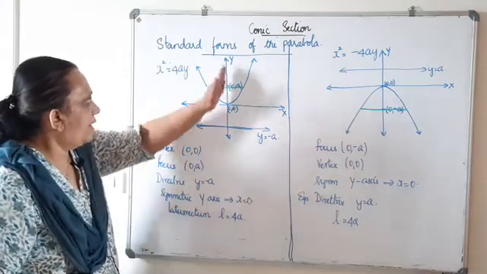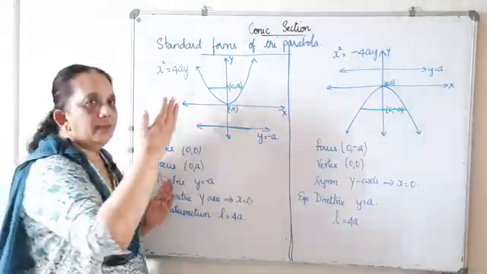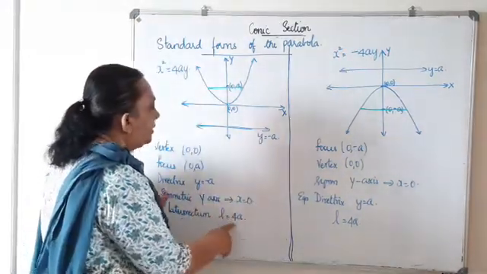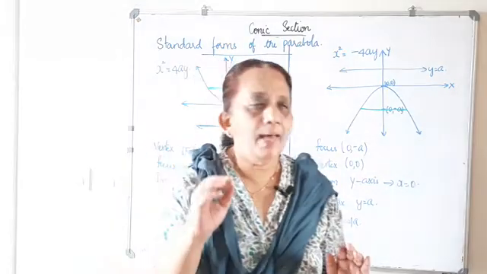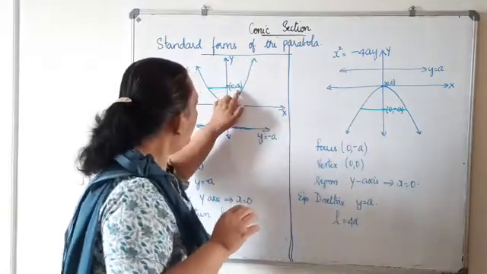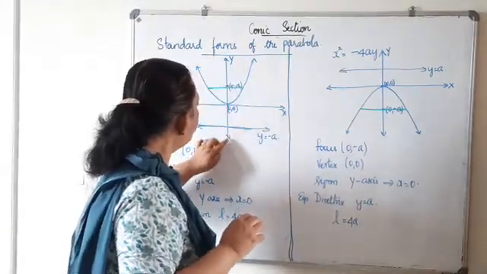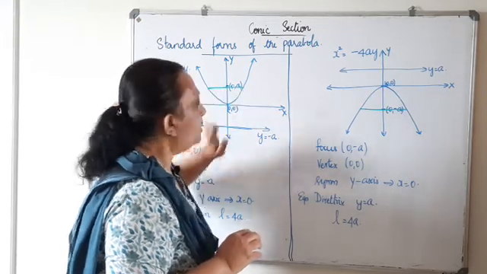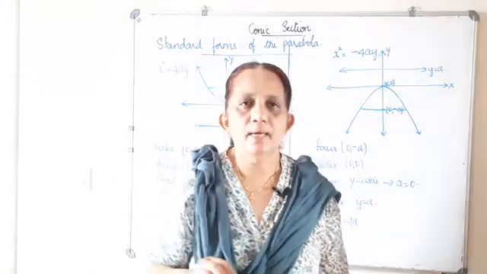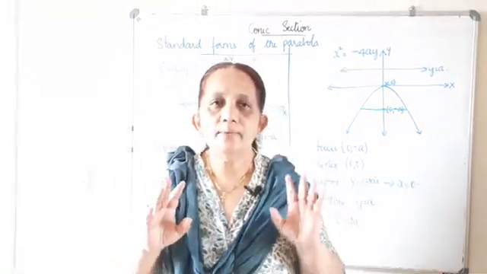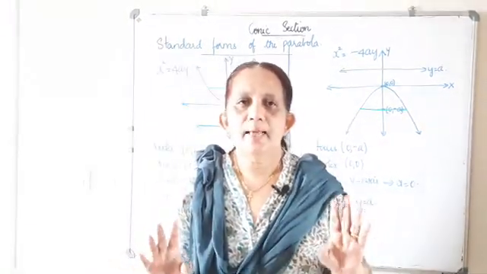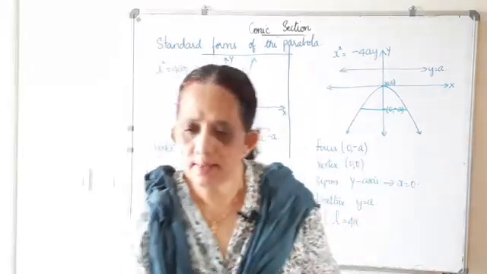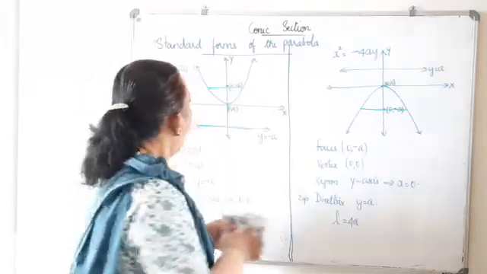It is symmetric with respect to the y-axis, meaning the area to the left and right of the y-axis are equal. The latus rectum is a line passing through the focus, perpendicular to the axis, whose endpoints lie on the parabola. For all 4 types of parabolas, the length of the latus rectum is equal to 4a. Now we will consider some questions based on this.